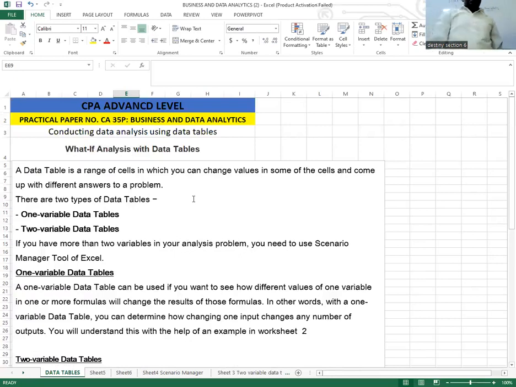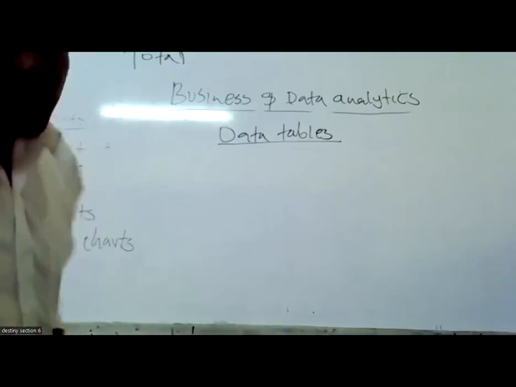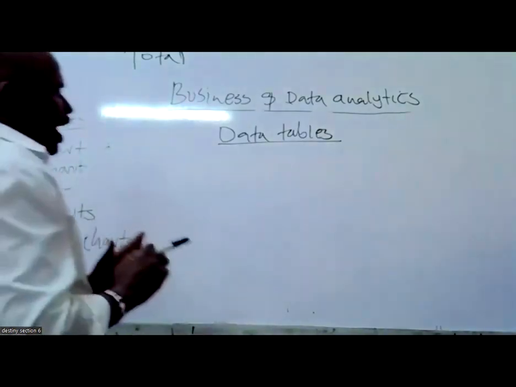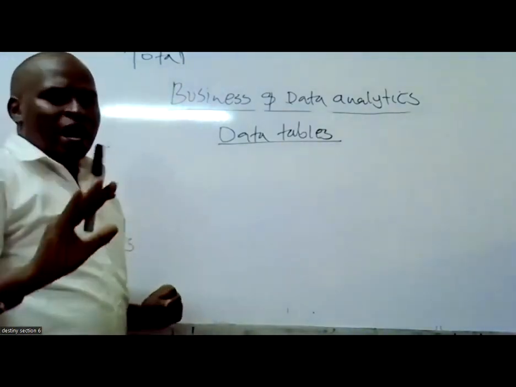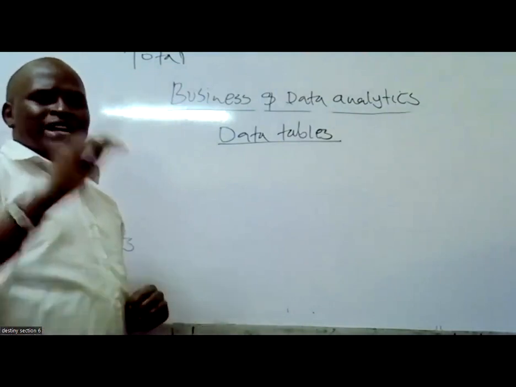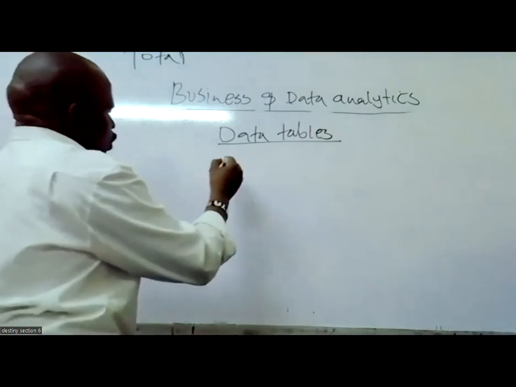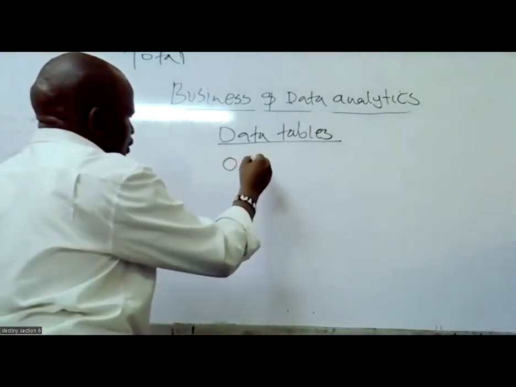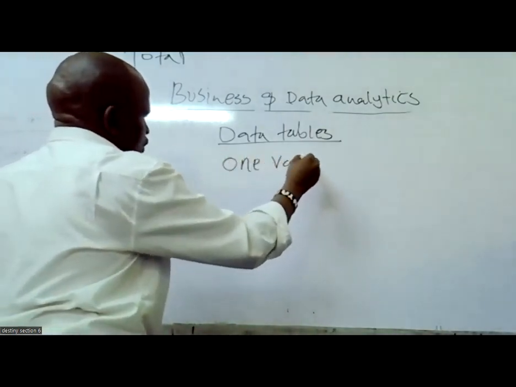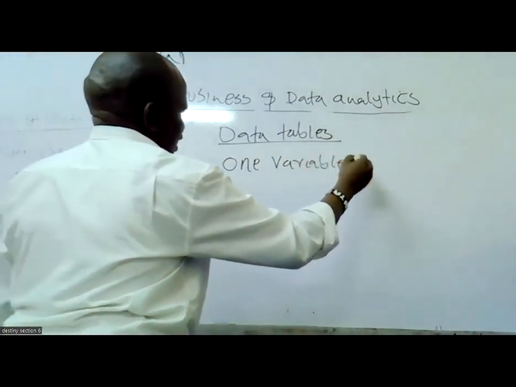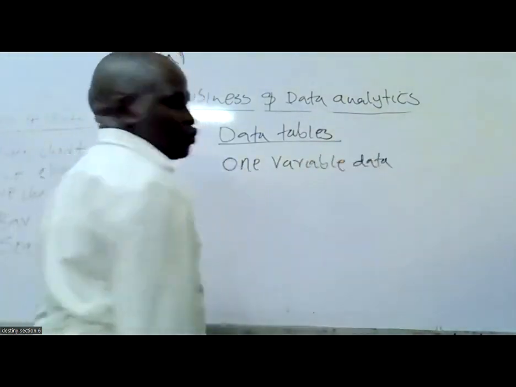So what is a data table, students? So you find that we have two data tables. Under the data table, we have one that we can call a one variable data table.